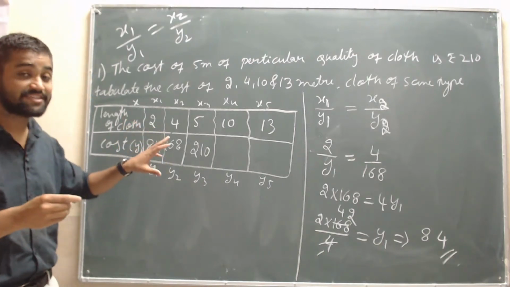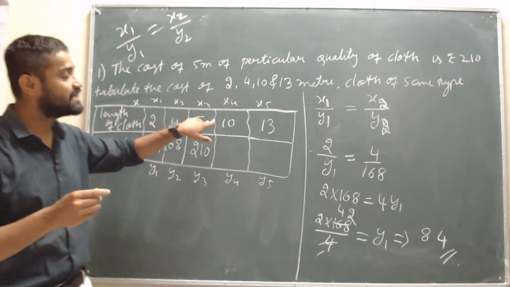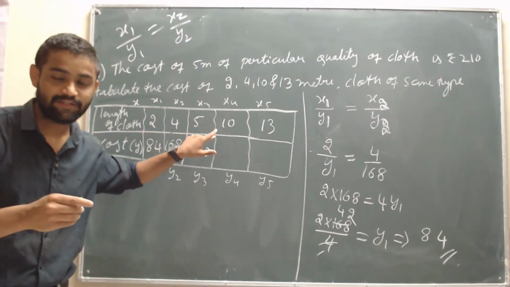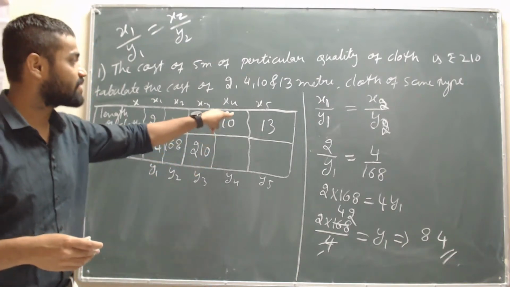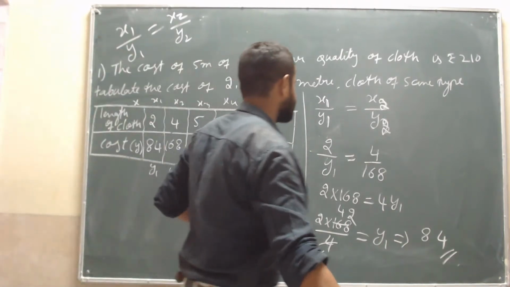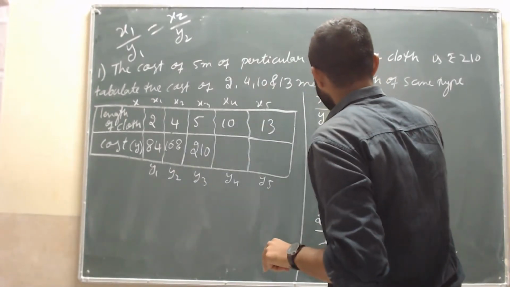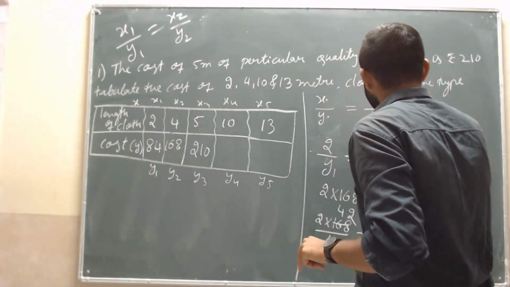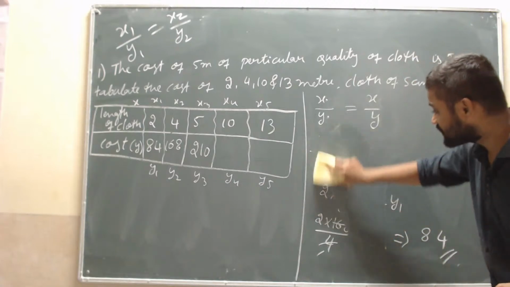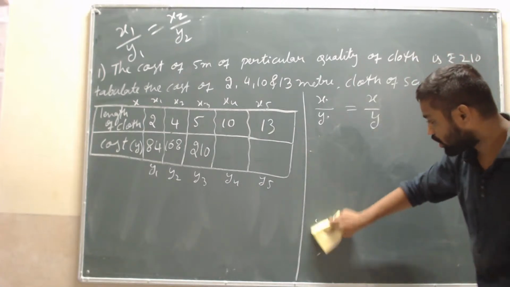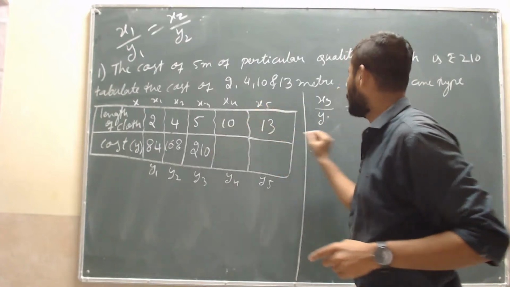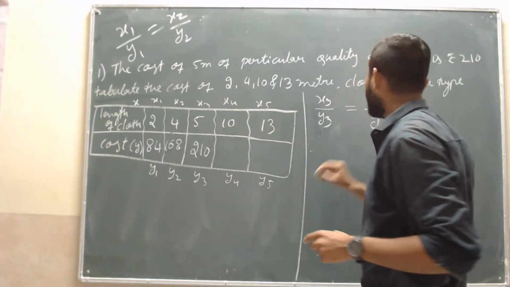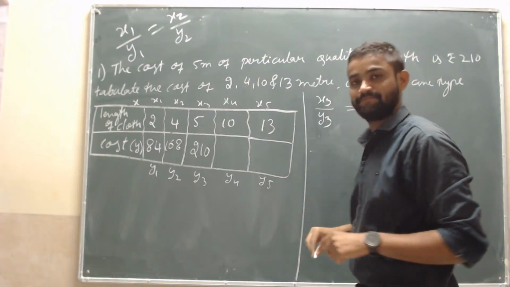again you have to consider any two columns, whichever we have to find. So I will take the third column as well as the fourth column. Then what does it become? The third column is x3, isn't it, children? x3 by y3 and x4 by y4.